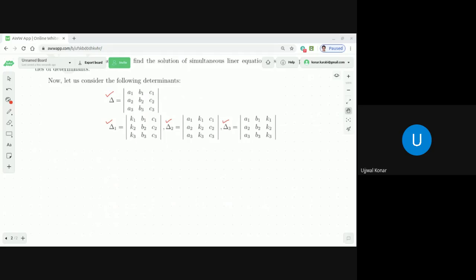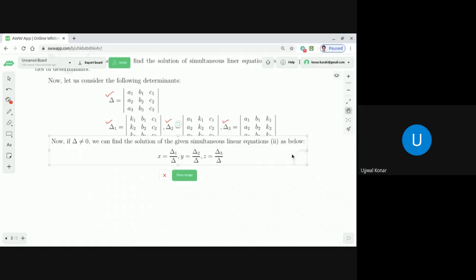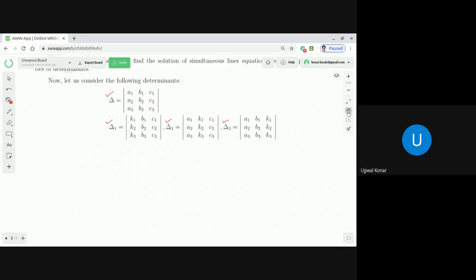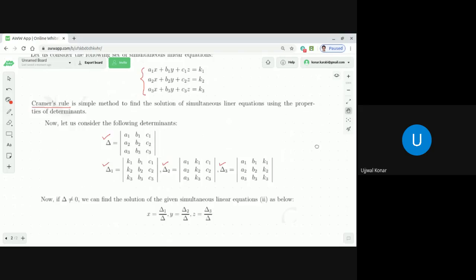So how can we say this? We can write it in this manner. How are we going to find it? x is equal to delta 1 by delta.